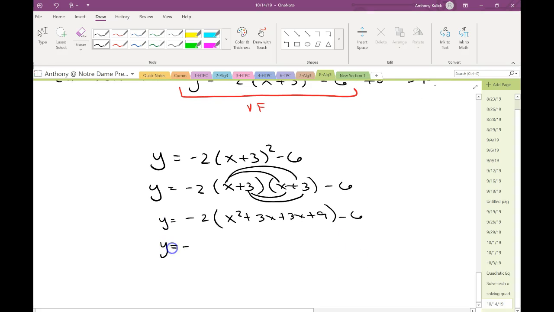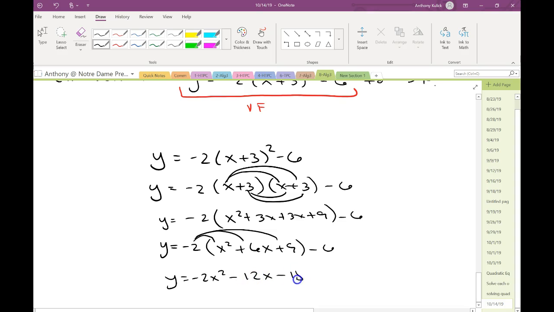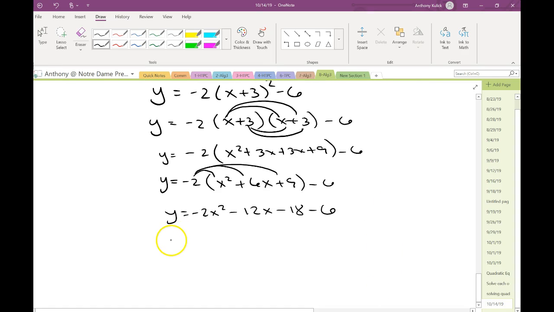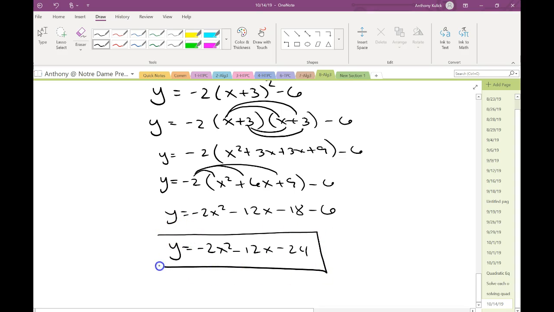And then I have some like terms that I can combine inside that parenthesis. 3x plus 3x is 6x. And now I can distribute the negative 2 through. So negative 2x squared minus 12x minus 18. And then I still have that minus 6 at the end. And then negative 18 minus 6 is negative 24. And I'm now in standard form, and I'm finished.